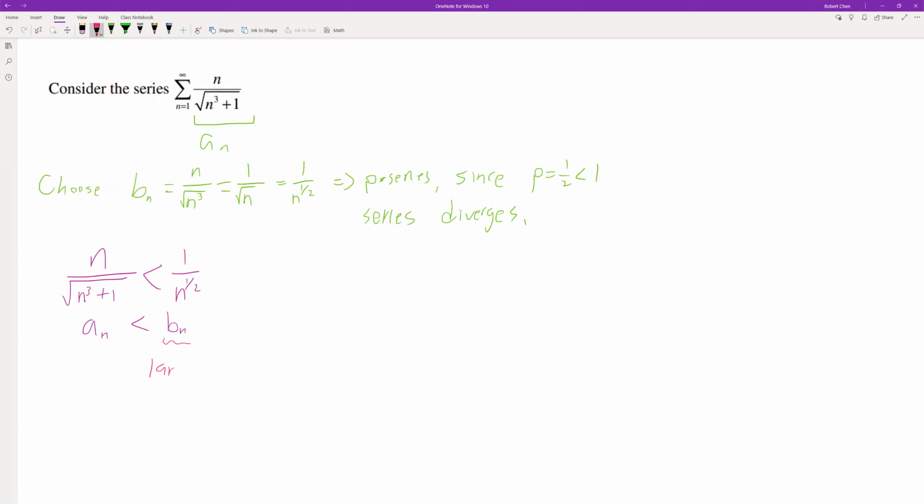But the direct comparison test only says that if the larger one converges, then the smaller one will converge. Here we have the larger one diverging. Therefore, the direct comparison test does not apply.